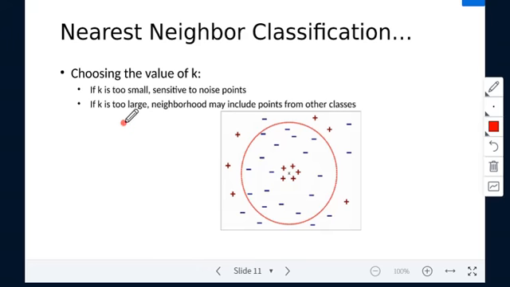If k is too large, the neighborhood may include points from other classes. Too large means a lot of points will be merged. So choosing the value of k is very important. It should not be too small, and it should not be too large.